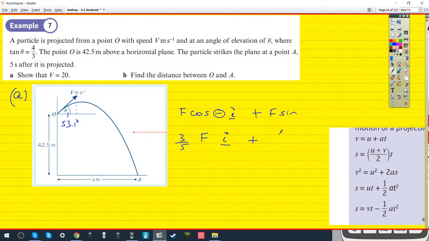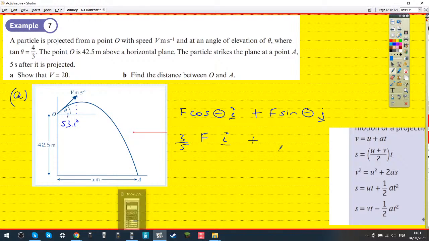So that will be 0.6. Same? No, wait, sorry. I put 3/4 wrong, 4/3. So that should be 4/5. So that's 4/5 times f in the j direction.